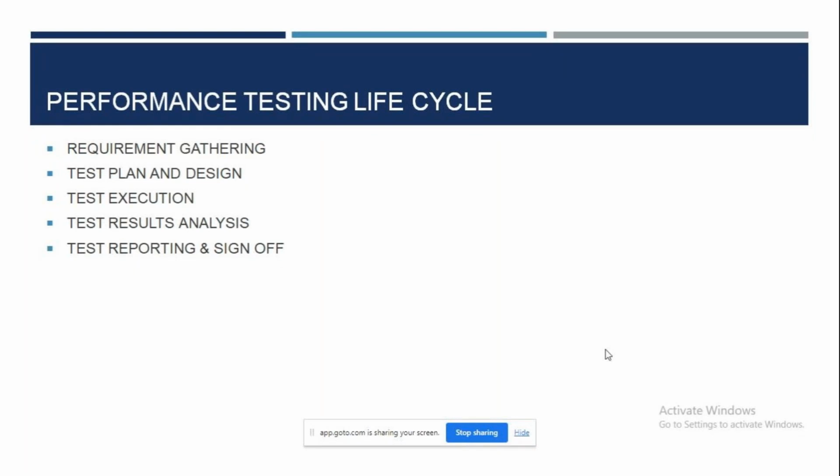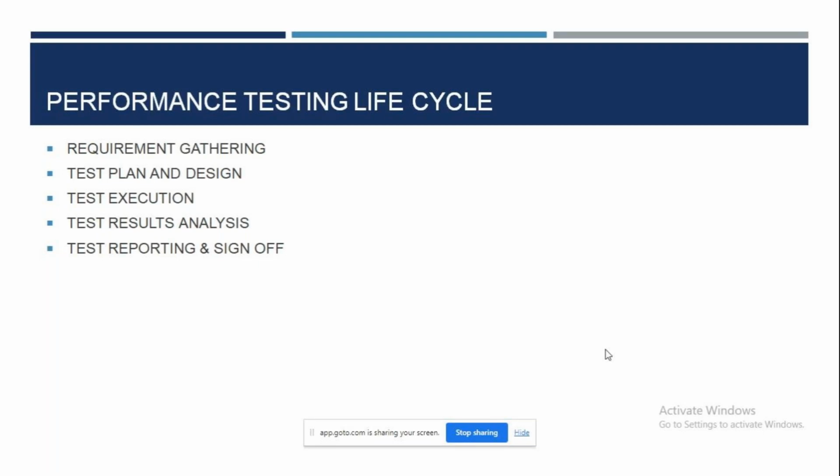Now the next thing is the performance testing life cycle. How is a performance testing project conducted? There are different phases. We have the software development life cycle and the software testing life cycle. Similarly, specific to performance testing, we have the performance testing life cycle.